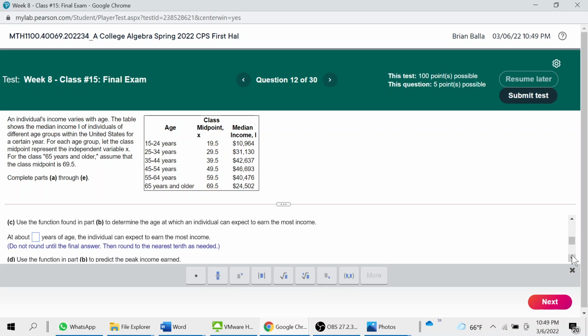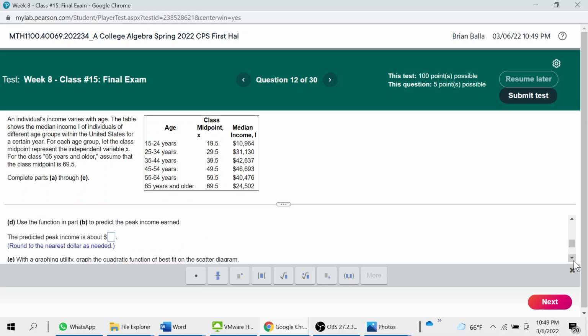Maximum value. I'm using my calculator to determine the maximum value based on this graph I just made. Round to nearest tenth, 47.7 years of age, which is consistent with the data here.